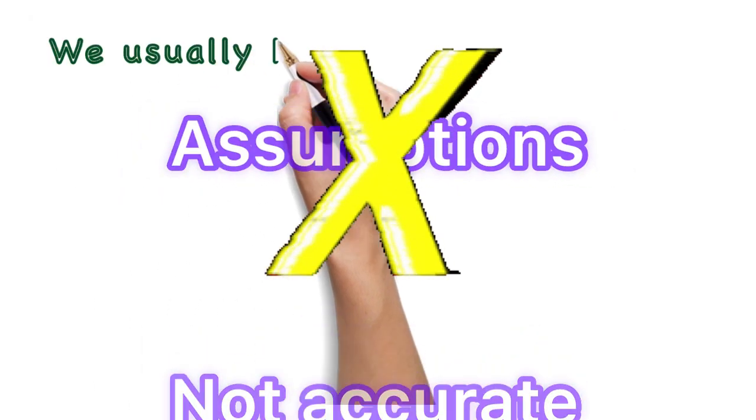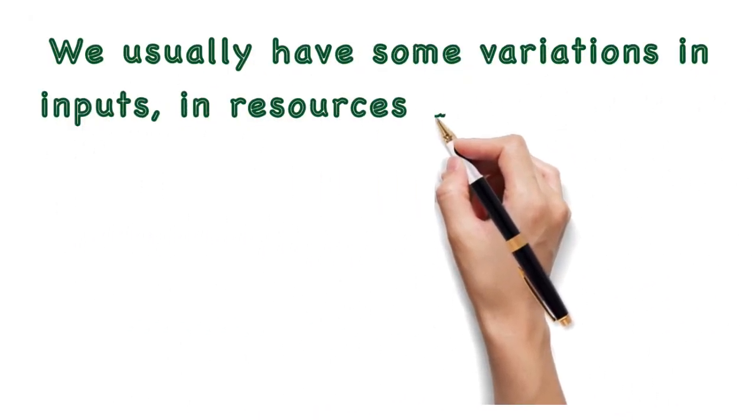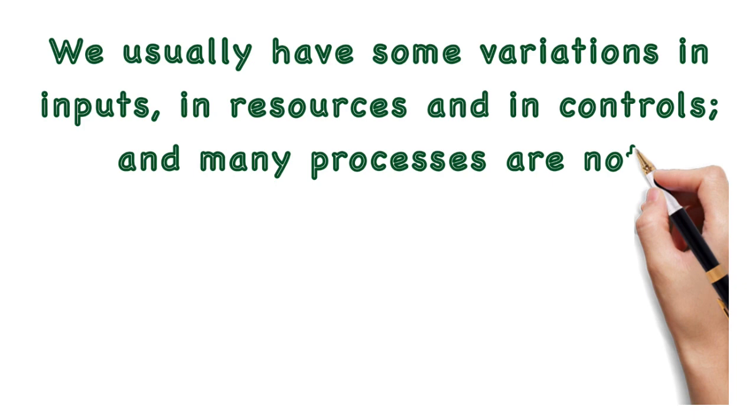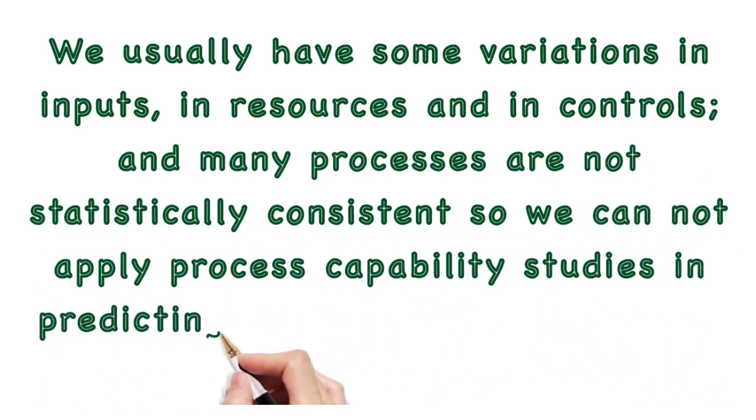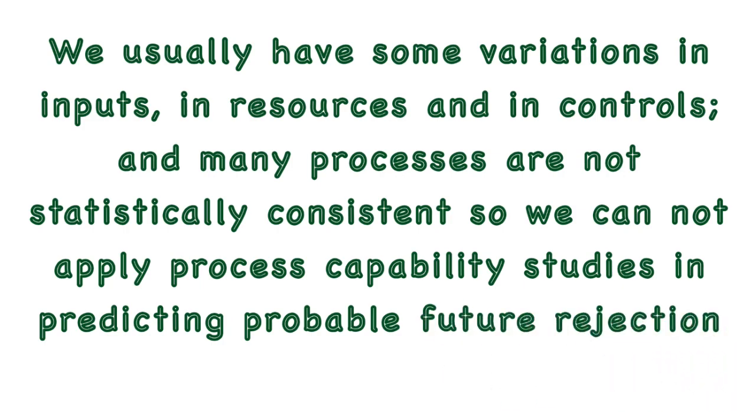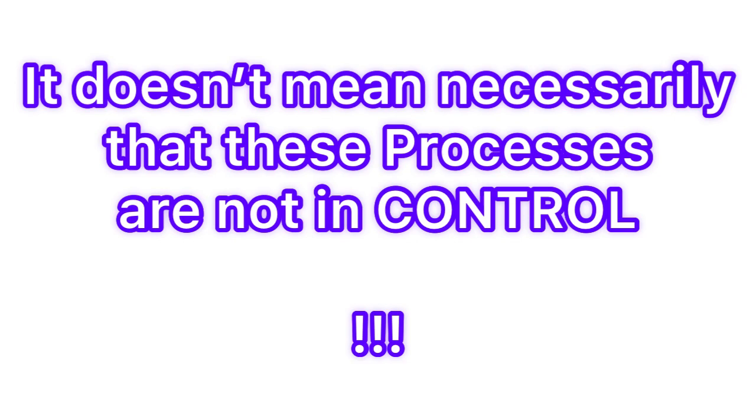However, since for many processes in industry these assumptions are not accurate and we usually have some variations in input, in resources, and in controls, many processes are not statistically consistent, so we cannot apply process capability studies in predicting probable future rejection for such processes. But of course, this does not mean that these processes are not in control. Well, I guess that this is becoming a little confusing now, because we said that the processes are not statistically consistent, but still they are in control.